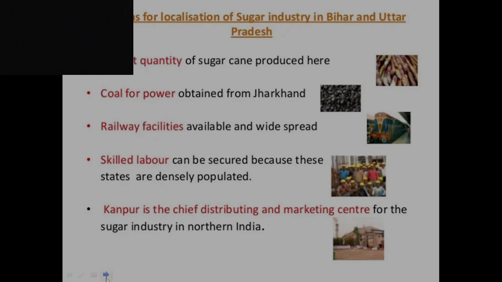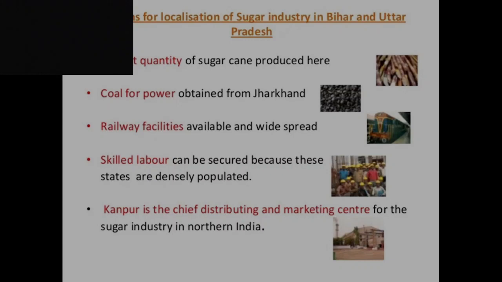So first deal with the reasons for localization of the sugar industry in Bihar and UP. First, what is the reason behind it? The largest quantity of sugar cane is produced here. Coal power is obtained from Jharkhand because it is very near to Jharkhand. After that, railway facilities are available and widespread because it is a plain area, so there is very good communication of railways.